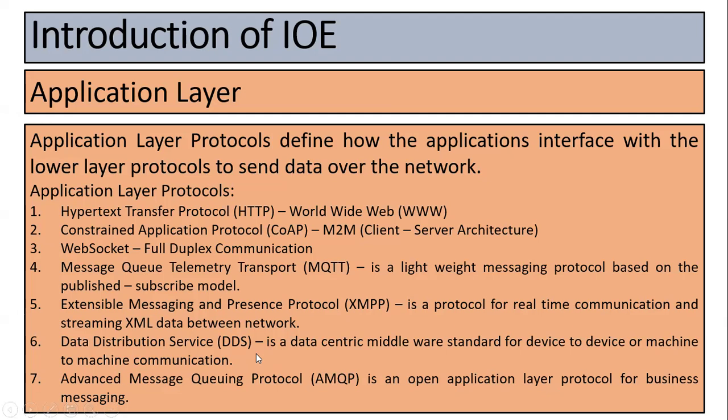The next, Data Distribution Service, a data-centric middleware standard for device to device or machine to machine communication. Then the last protocol, Advanced Message Queuing Protocol, AMQP, is an open application layer protocol for business messaging. So these are the 7 protocols which are available for IoT under the application layer. The function of this application layer is to interface the lower layer protocol to send data over the network.